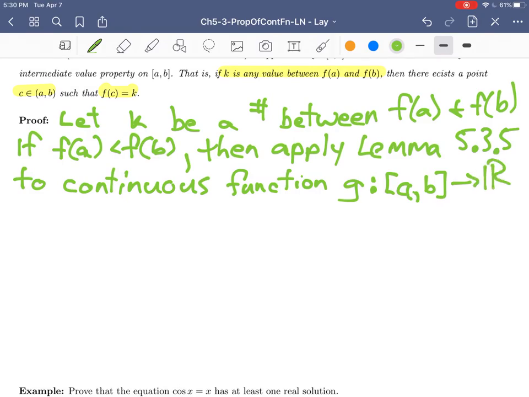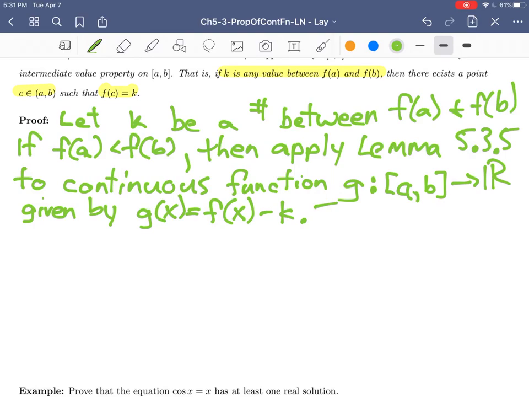So we're going to build this other secondary function. We apply the lemma to this function g given by g of x equals f of x minus k.